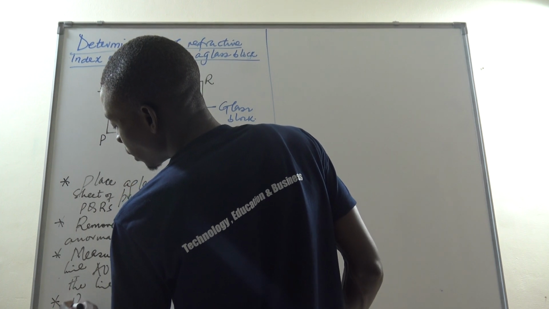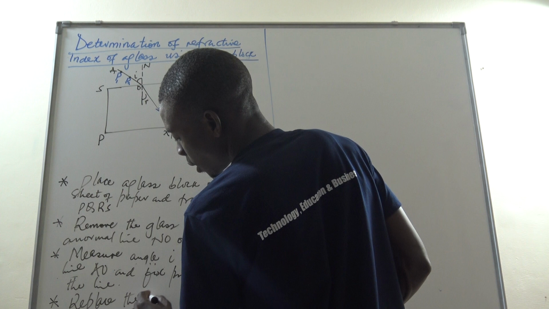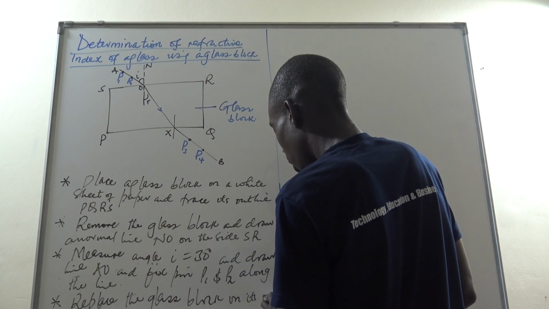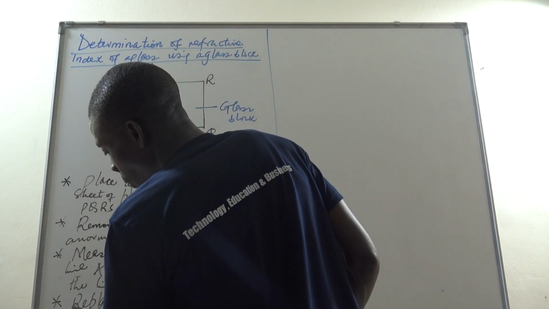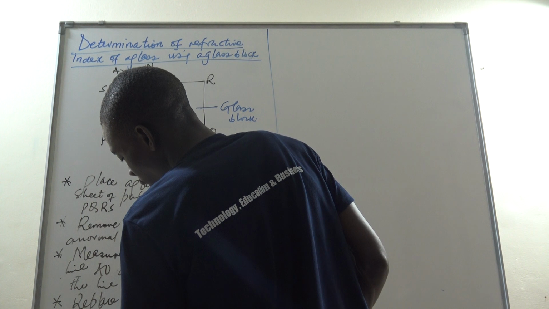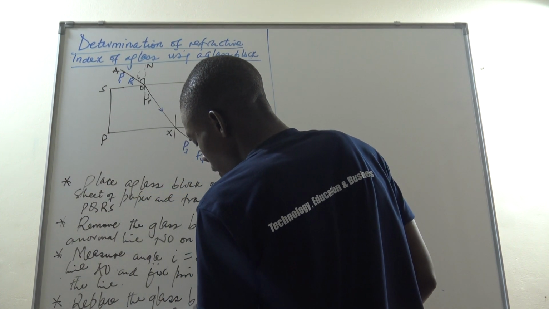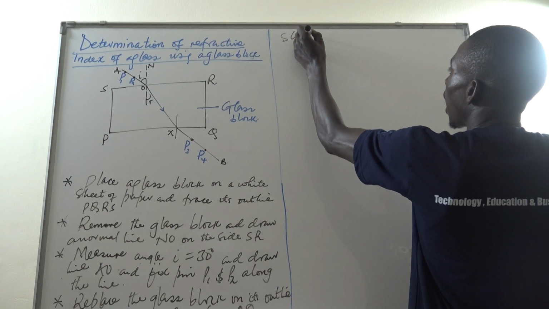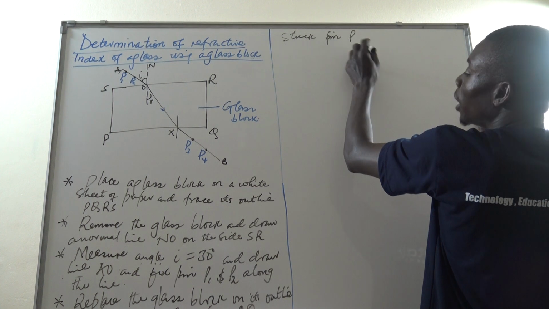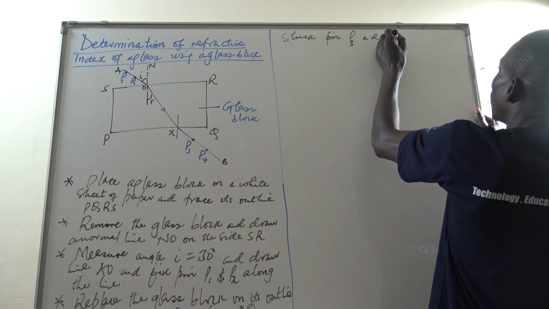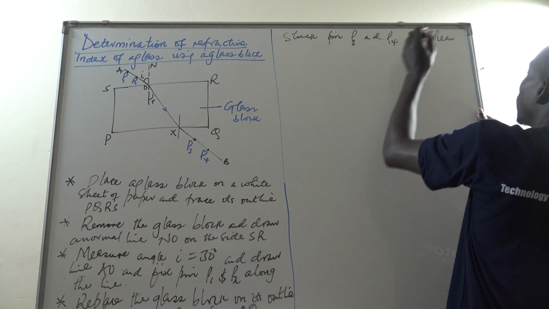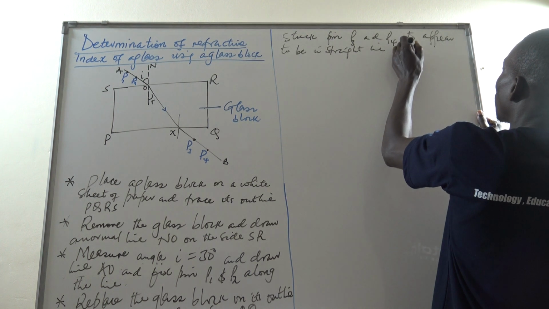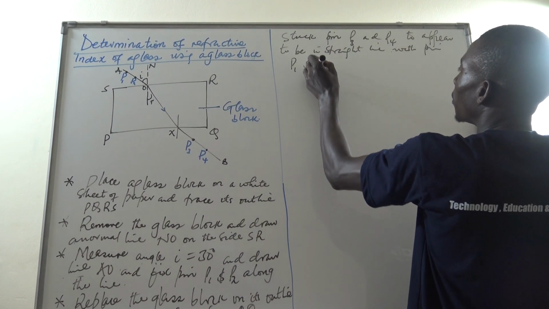After doing that, replace the glass block on its outline, while observing from face PQ, stick pin P3 and P4 to appear to be in a straight line with the pins P1 and P2.